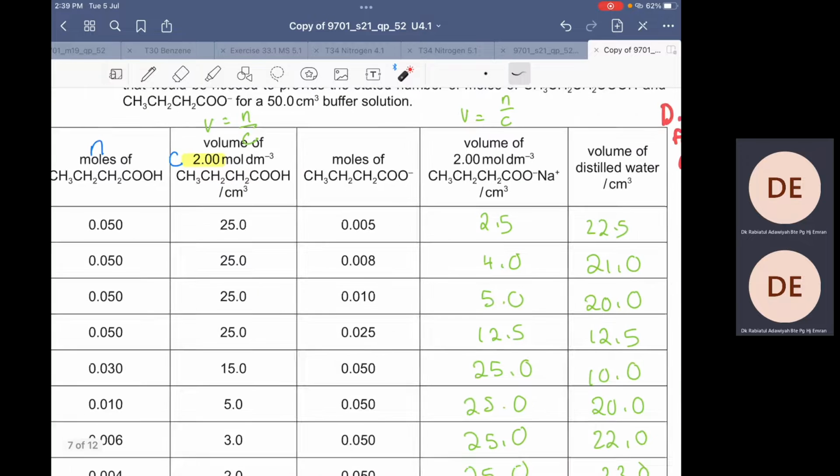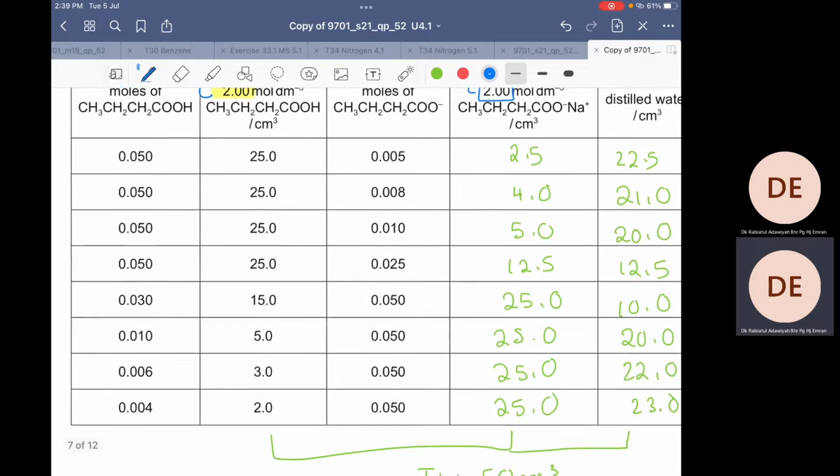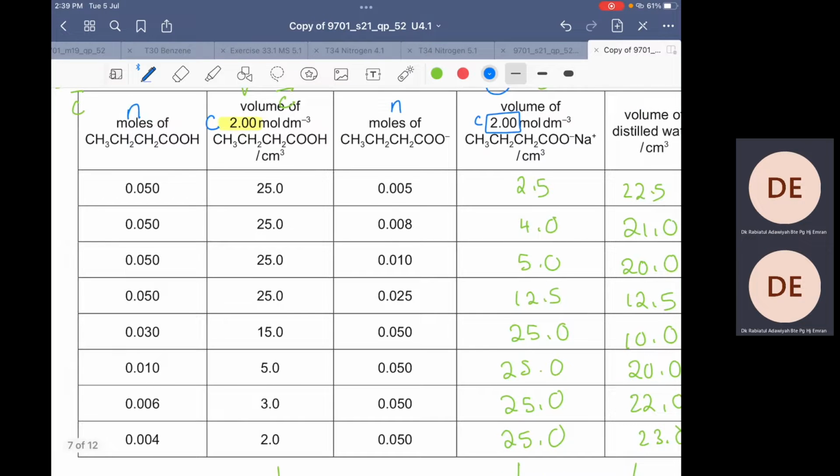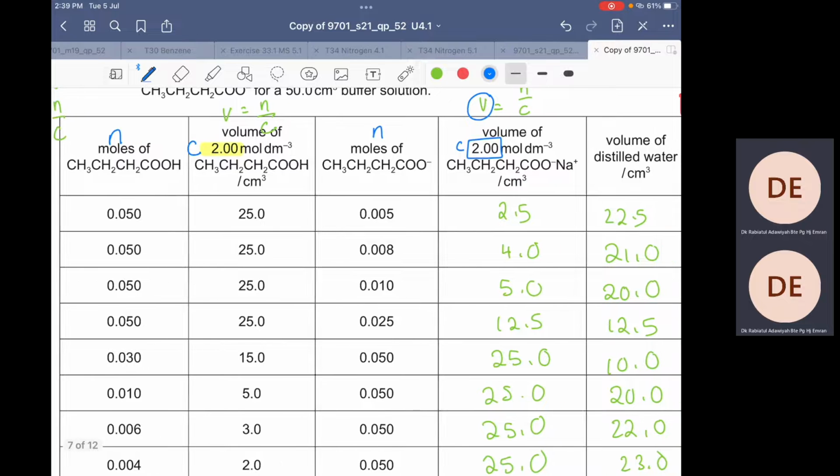Same thing for ethanoate ion. I know the number of moles and the concentration, which is 2 mol per dm³. Then I can find the volume. So the volume of sodium ethanoate is found using V = n over c.